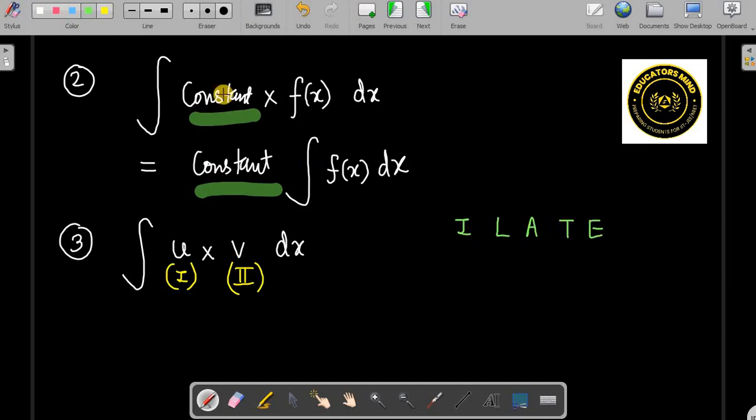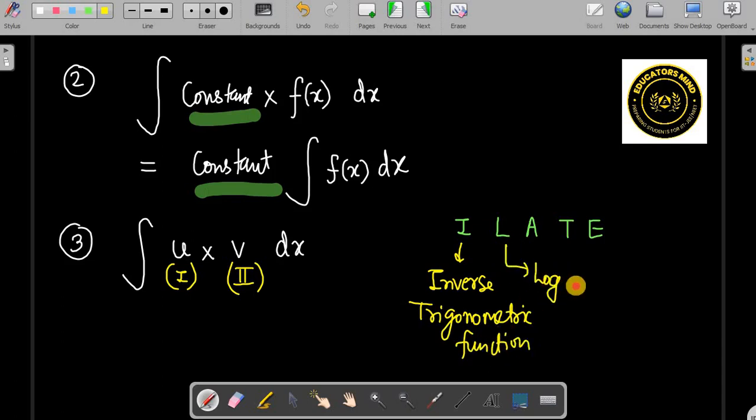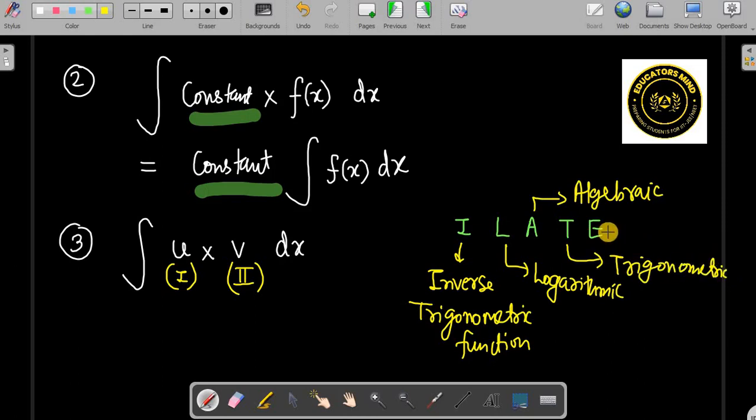I-L-A-T-E. Okay, so what is I? I is inverse trigonometric function. L is for logarithmic function. A is for algebraic function, and T is trigonometric, right, and E is exponential.